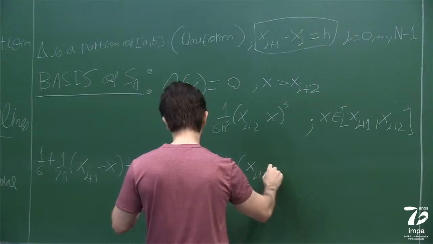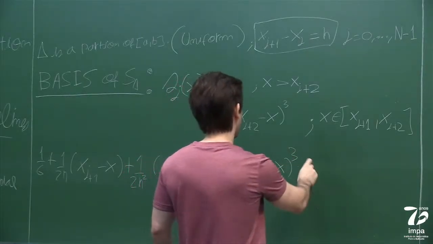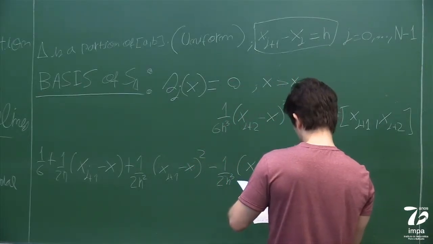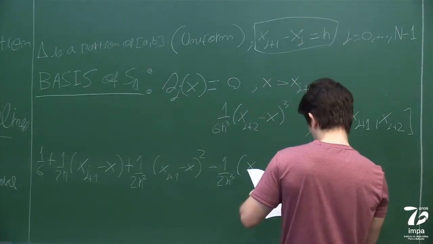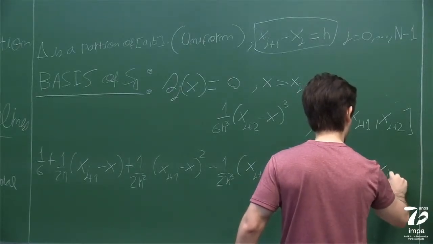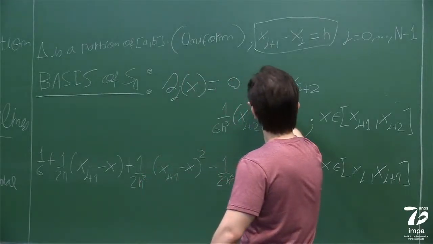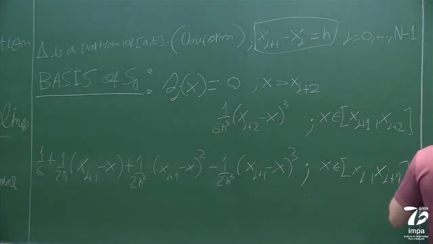Xj plus 1 minus x to the cube when x is between xj and xj plus 1. Okay. So we have 0, this bigger expression, and we still have more expressions.